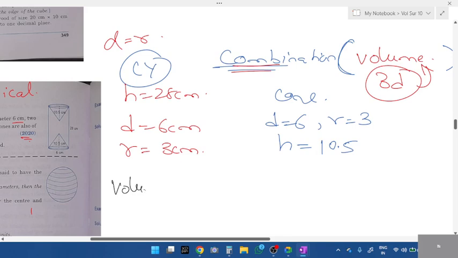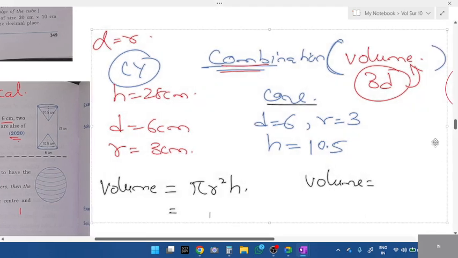What's the formula for volume of cylinder? Pi r square h. Find the volume and also find the volume of cone. There are two cones. First find volume of one cone, later we'll multiply that. You'll get value of two cones.